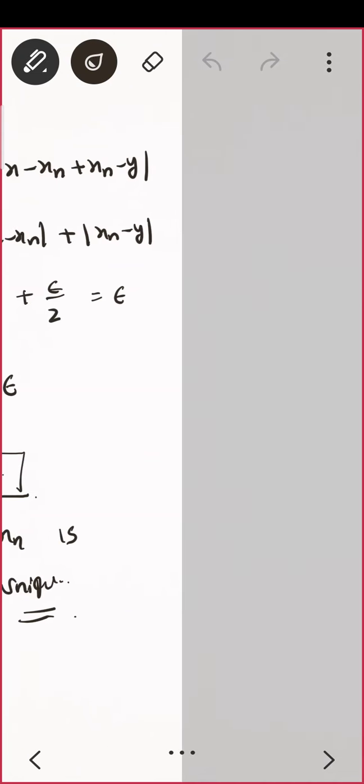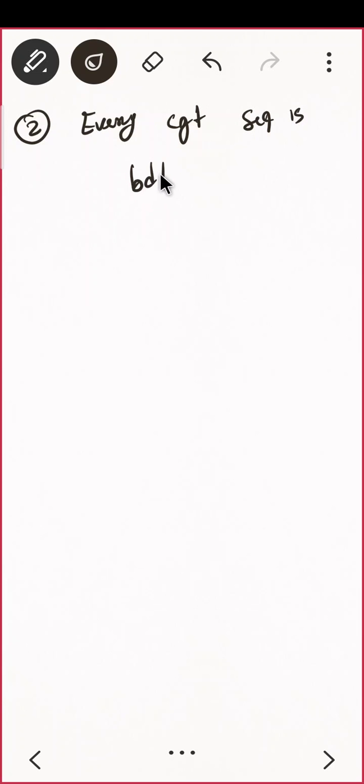So I'll just state the next theorem, next property, and we'll stop here for this one. Then we'll do your problems, your doubts of your practical 1 and 2. The second theorem is that every convergent sequence is bounded. We'll be proving this next. So in the next lecture we'll be doing this.